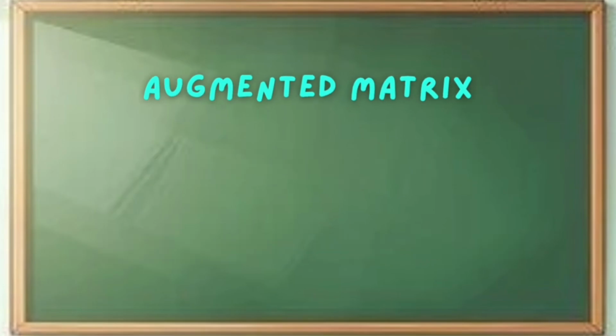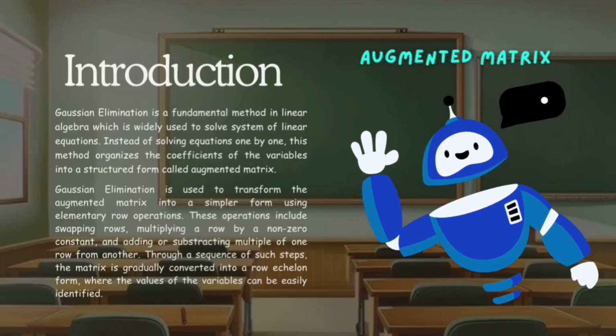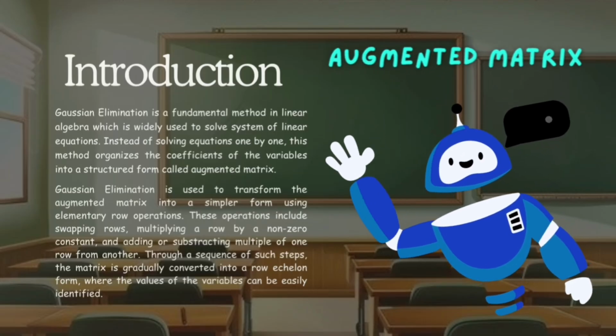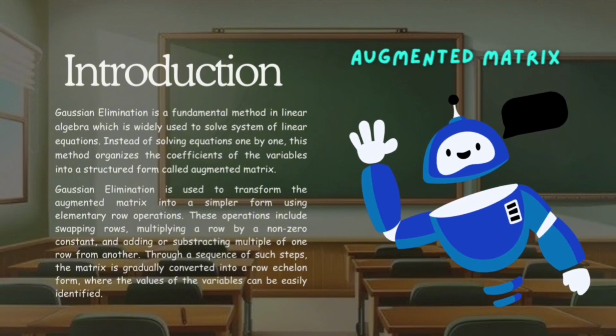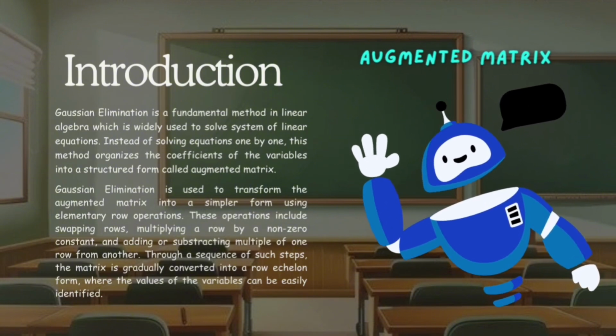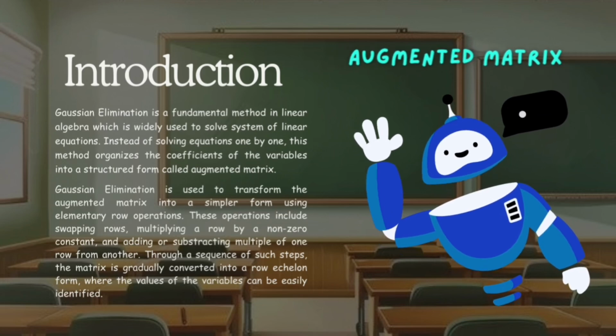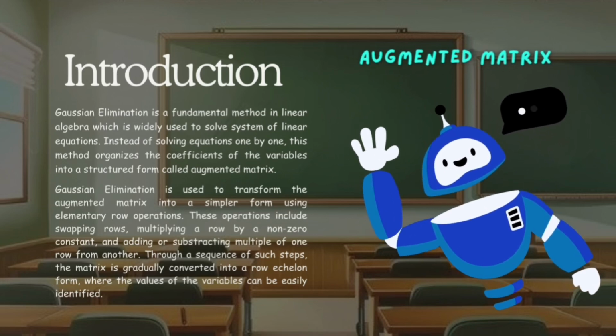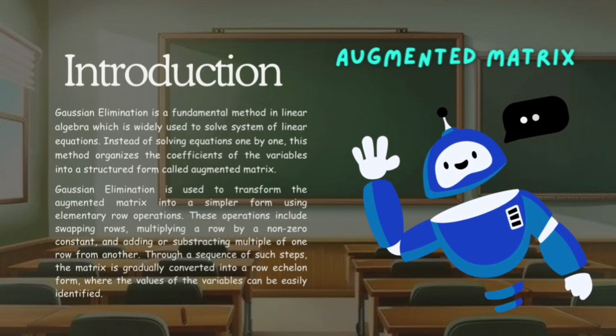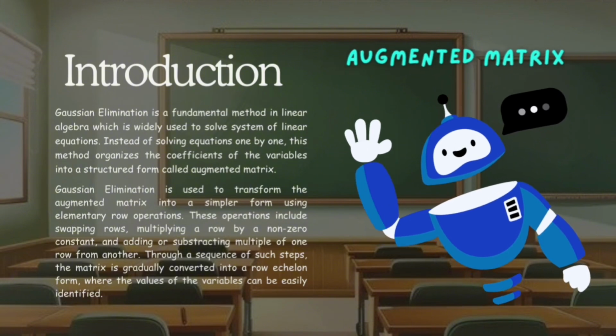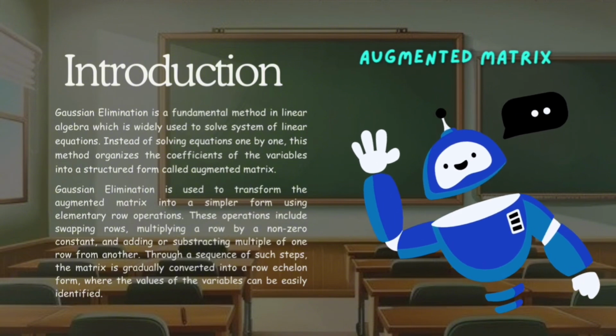These operations include swapping rows, multiplying a row by a non-zero constant, and adding or subtracting a multiple of one row from another. Through a sequence of such steps, the matrix is gradually converted into a row echelon form, where the values of the variables can be easily identified.